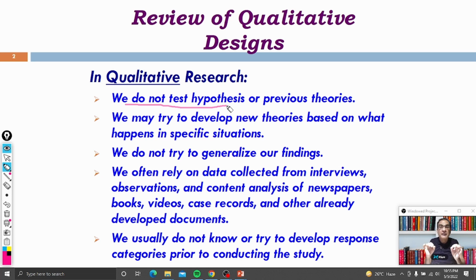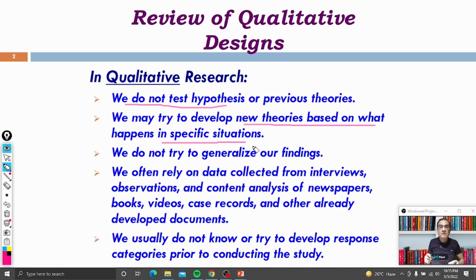Keep this point in your mind. In qualitative research, we may try to develop new theories based on what happened in a specific situation. So, we do not test the theory. Actually, we develop the new theory.